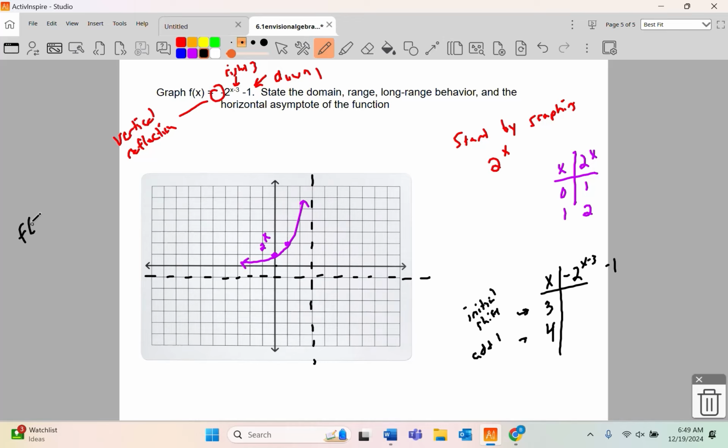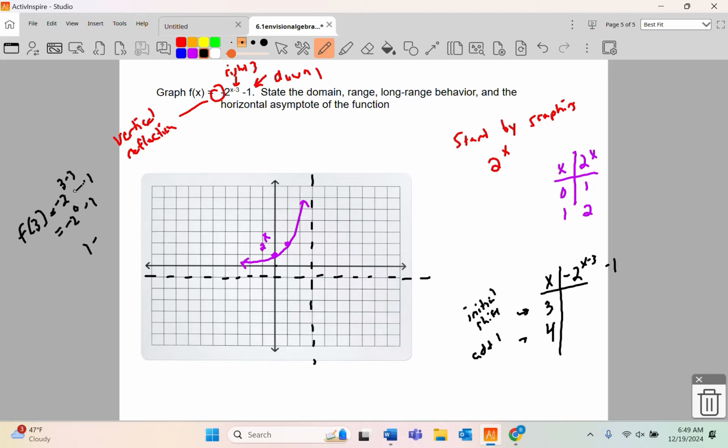Let's see what f of 3 is. So it's negative 2, 3 minus 3, minus 1. 3 minus 3 is 0. And anything to the 0 is what? It's 1. Even if it's a negative.